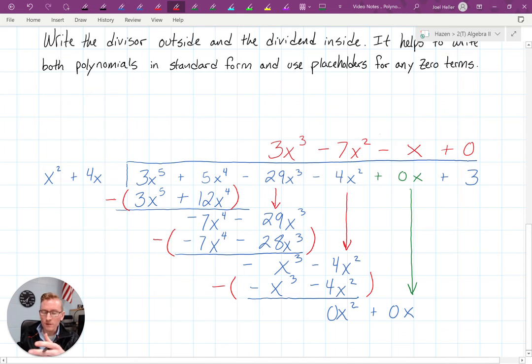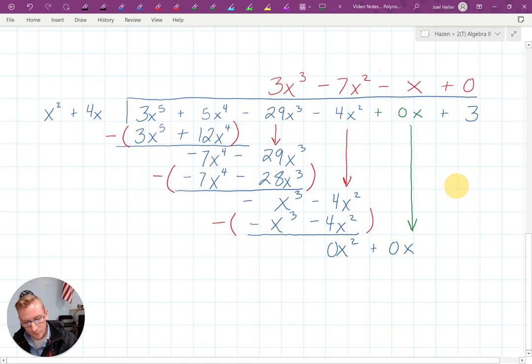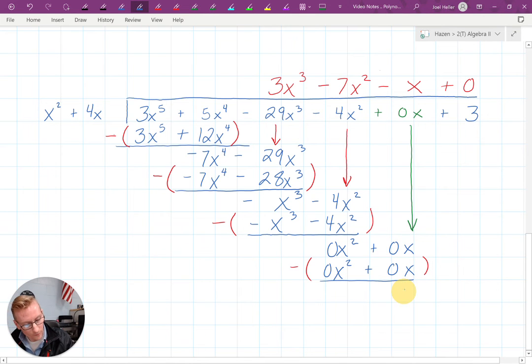Again, you don't have to add it on, but it helps me to keep everything organized and lined up. And then when I do that, I know that that's going to be 0x squared plus 0x. Again, subtracting all of that, that's just going to be 0. All that stuff goes away.